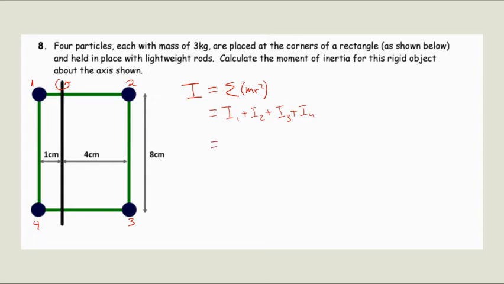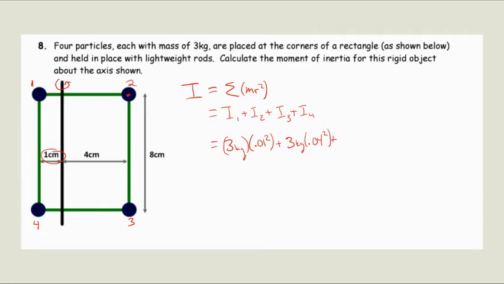So I have my rotational inertia for number 1, and each of them is 3 kilograms. Number 1 is 3 kilograms, and my radius is 1 centimeter, so that's going to be 0.01 squared, plus number 2. Number 2 is 3 kilograms times 0.04 squared.